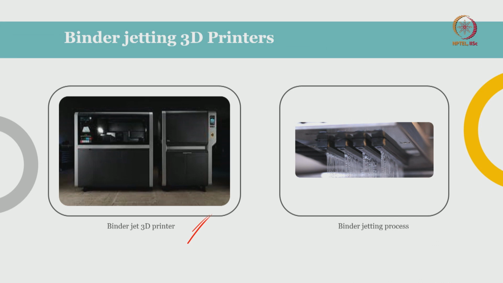That means it will eject adhesive liquids into the powder. You can see that some holes are not open. That controls how our object, or that particular layer, is created. Okay, that's how the binder jetting process works. You can see a liquid stream, which is basically adhesive liquid.